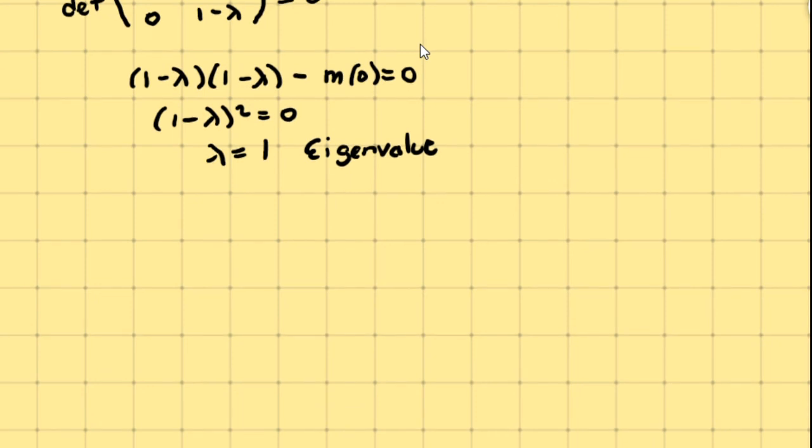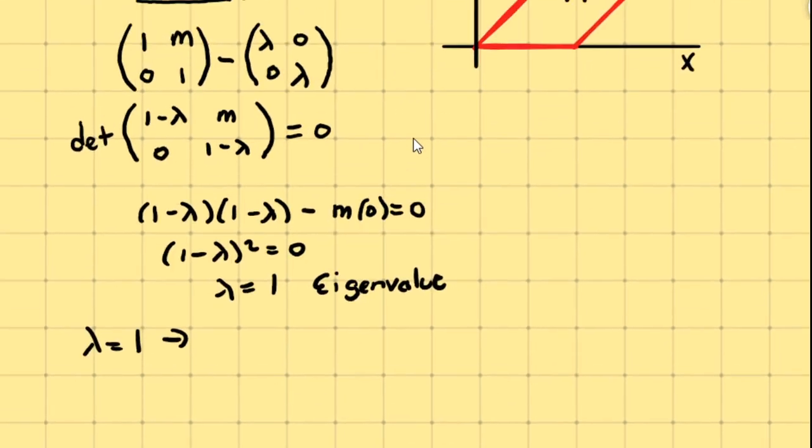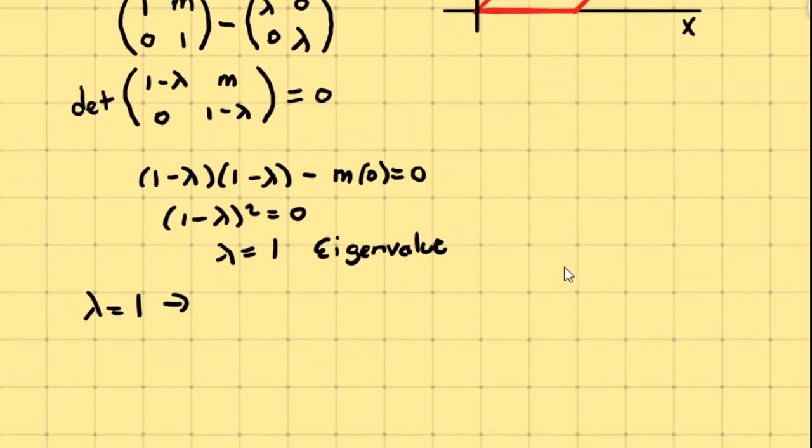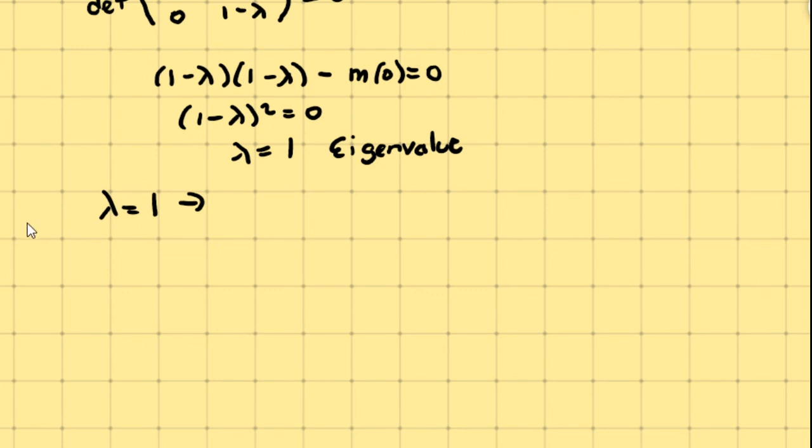To find the eigenvector, what we can do is substitute lambda equal to 1 into our matrix here. So that will give us 1 minus 1, m, 0, 1 minus 1. And that is equal to 0, m, 0, 0.